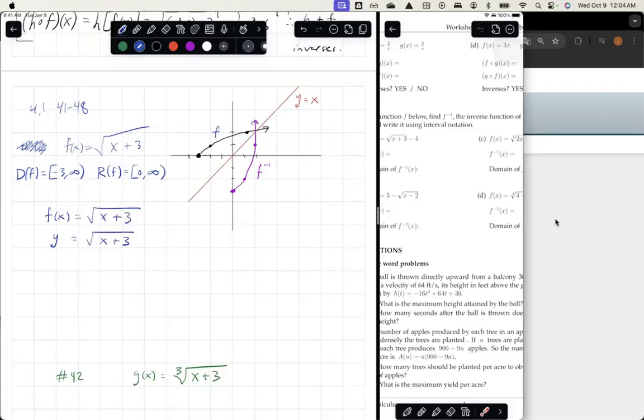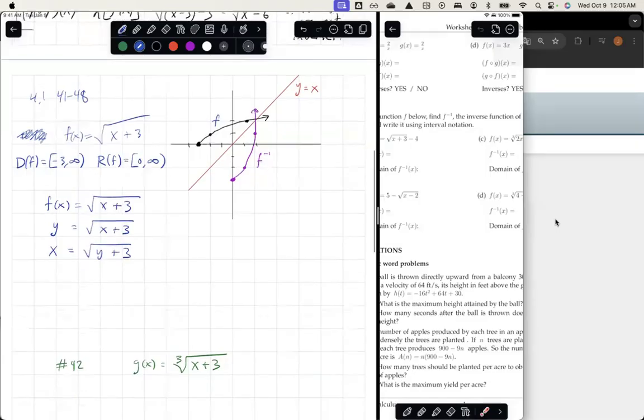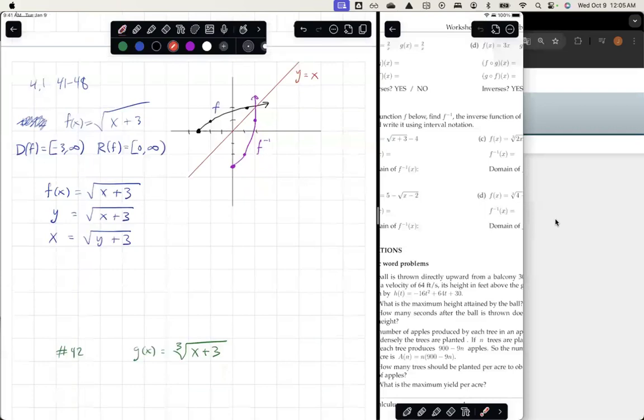Then to switch the places of x and y. That was step 2. Step 3 is to solve for y, which just depends on the function. Here is a square root, so we'll square both sides. And we get x squared equals y plus 3.